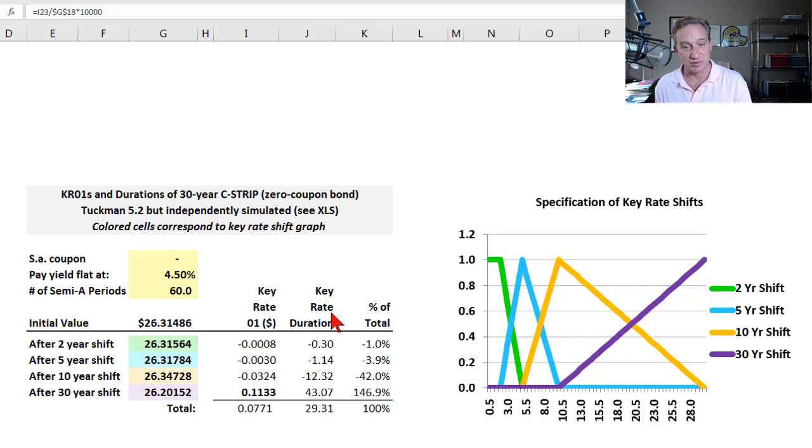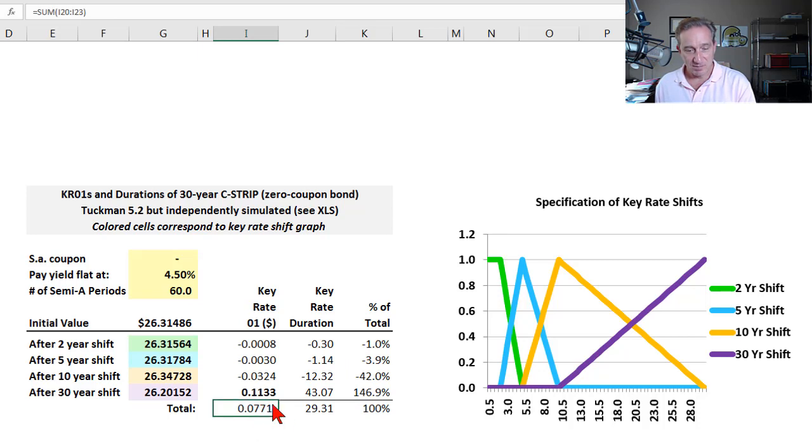We multiply that percentage change in the key rate by this number to get an estimated percentage change in the price. And so it's a very high number here at 30 years, of course. But you can see formulaically, that's all that I did. I take the key rate 01, I multiply by 10,000, and I divide here by the initial price.